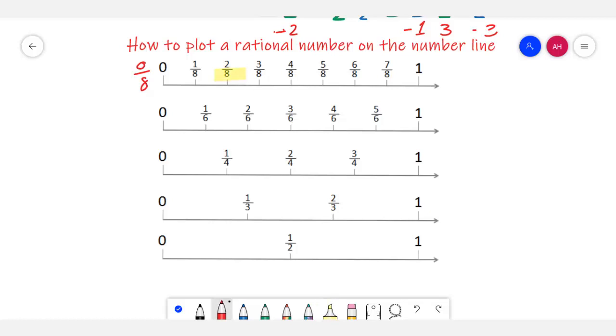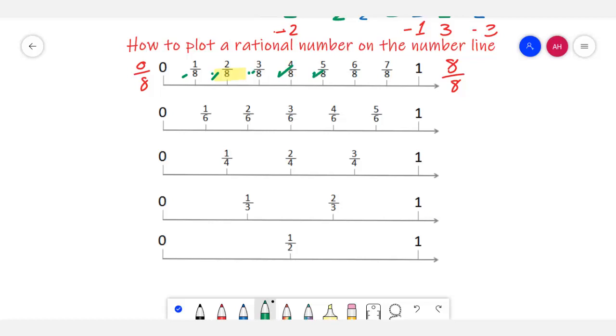And we know that 1 is also 8/8. How many rational numbers are there between 0/8 and 8/8? We are going to have 7 rational numbers: 1/8, 2/8, 3/8, 4/8, 5/8, until I reach 8/8.